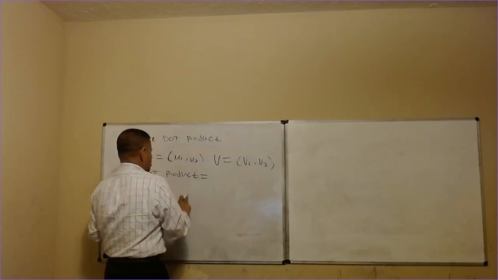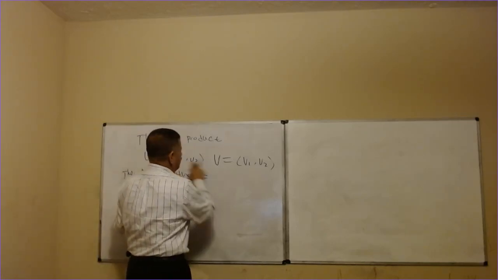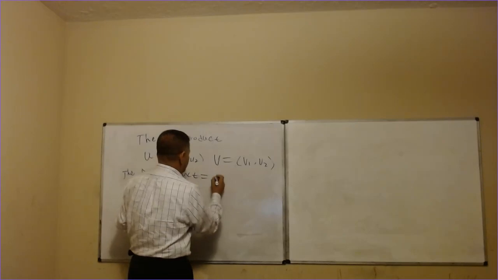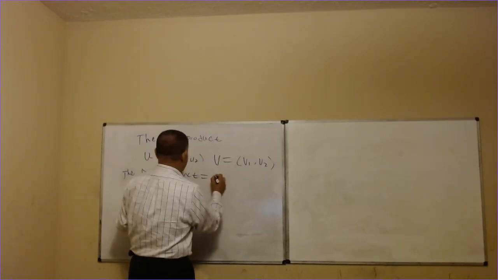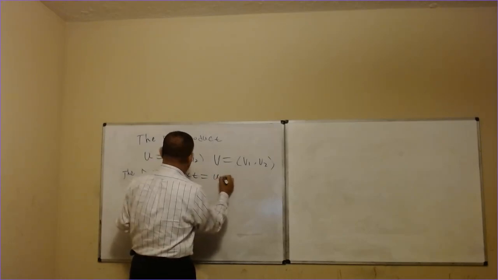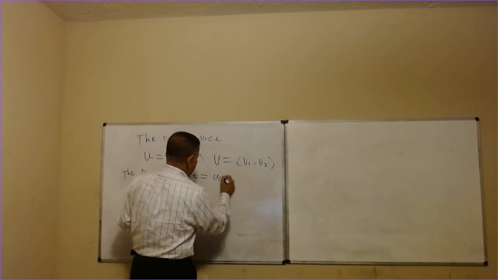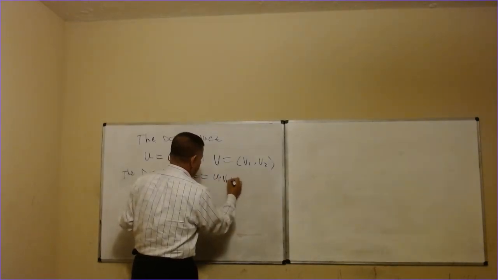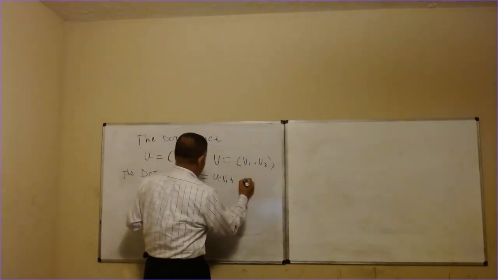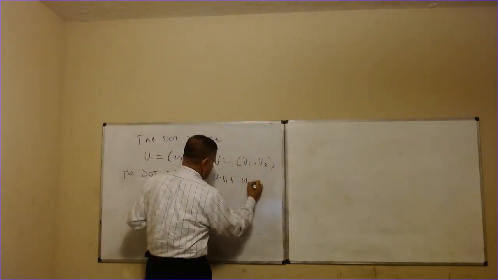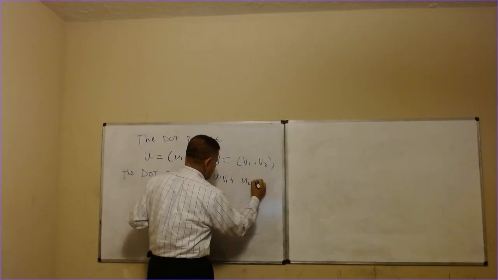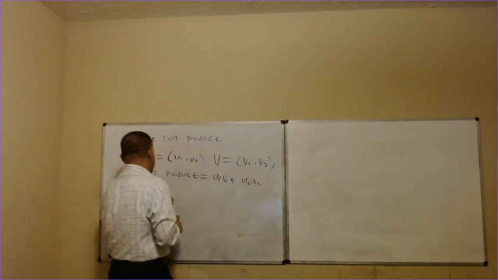So then the dot product is going to be this times this plus this times this, which is going to be equal to U1 times V1 plus U2 times V2, right?